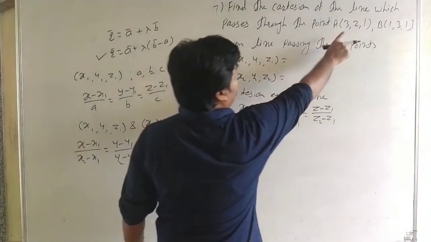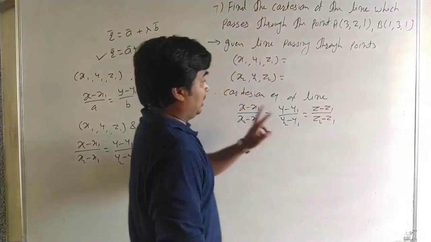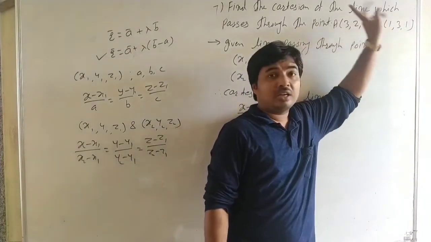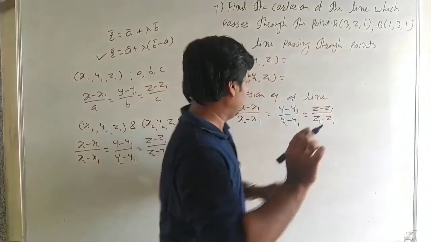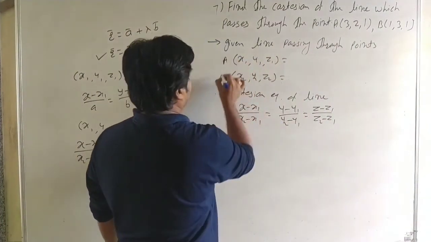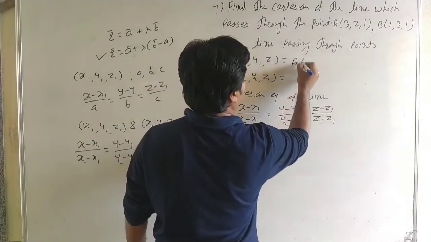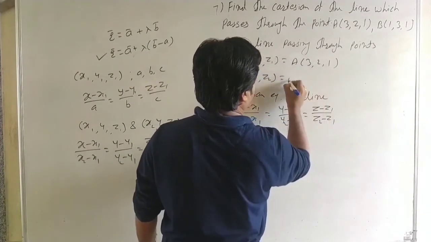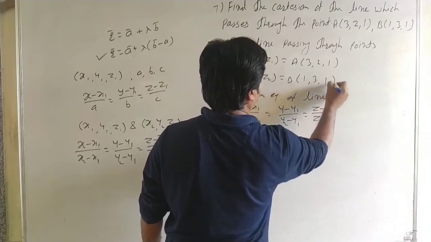Here x1, y1, z1 and x2, y2, z2. Here z1 and z2 are also the same, therefore it is 0. Here we can write directly. So it is point A and it is point B: A is 3, 2, 1 and B is 1, 3, 1.